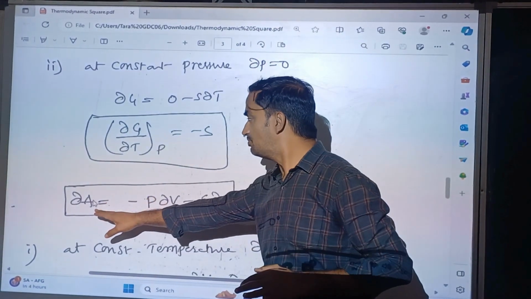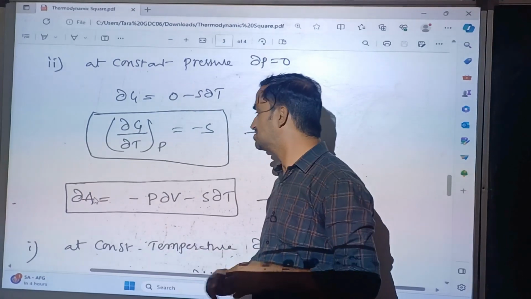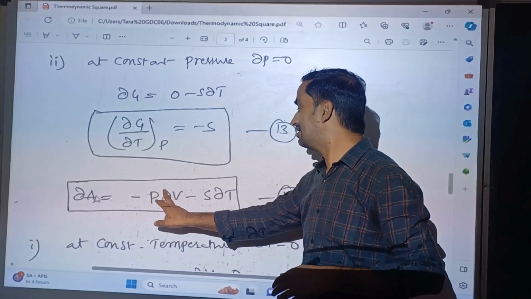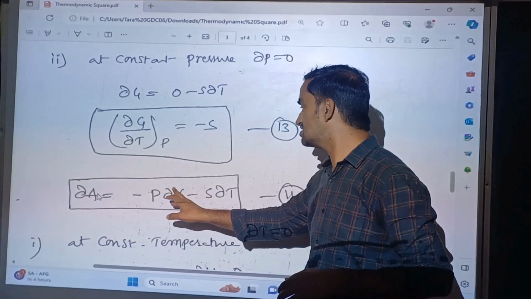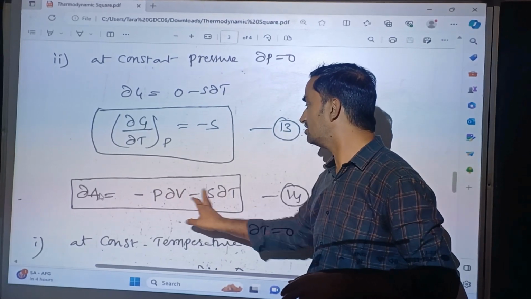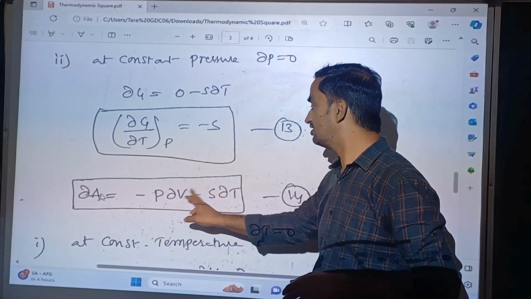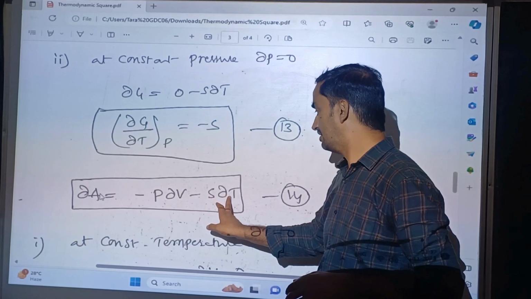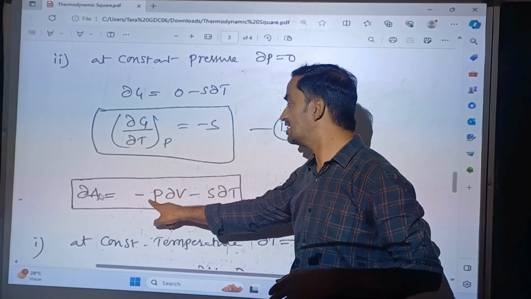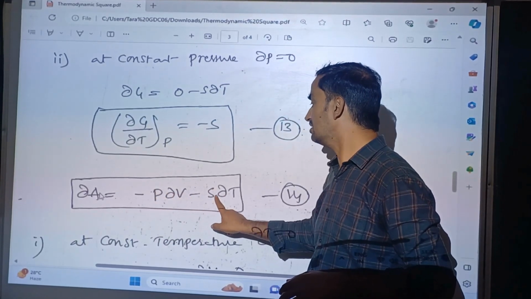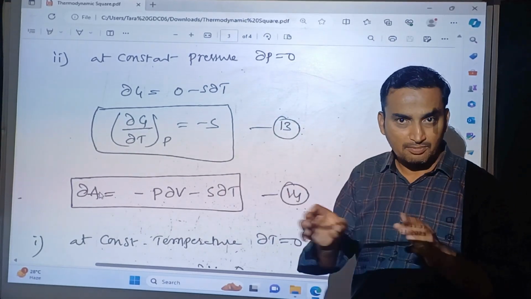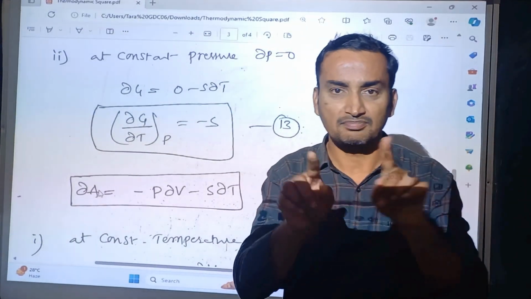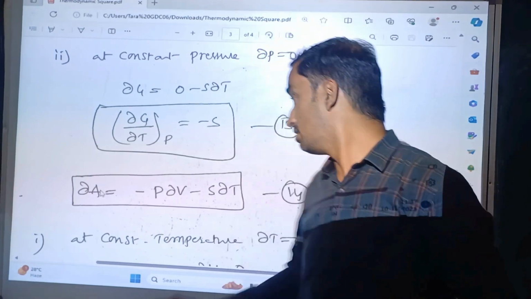Now to get the partial differential equation of that Helmholtz energy, because this Helmholtz energy is a function of volume and temperature, we differentiate with respect to those variables, dV and dT, multiplied by the opposite variables, pressure and entropy. That is why I said to write it once on paper.